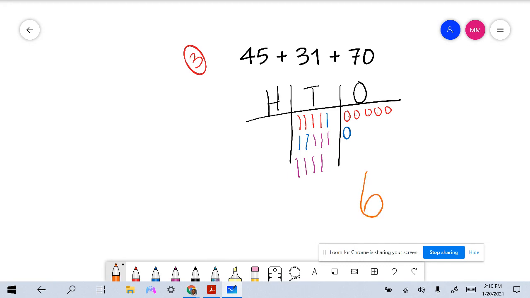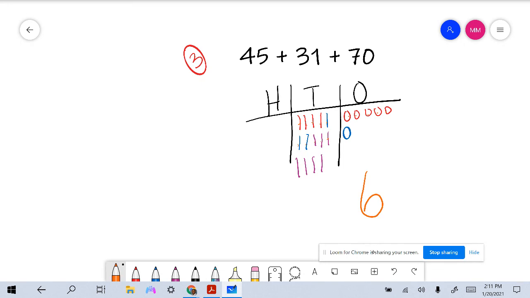I have 6 in the ones. I'll count up my tens. Can you count with me, please? 10, 20, 30, 40, 50, 60, 70, 80, 90. Very good. What do I need to do once I get to 100?